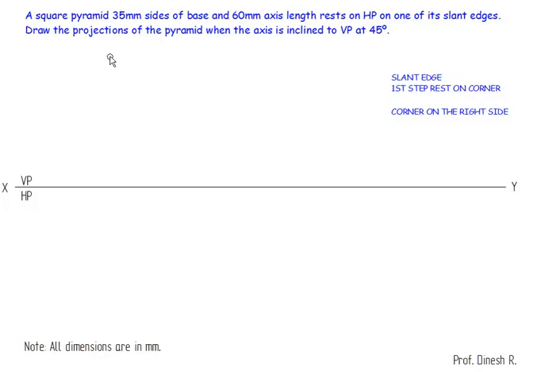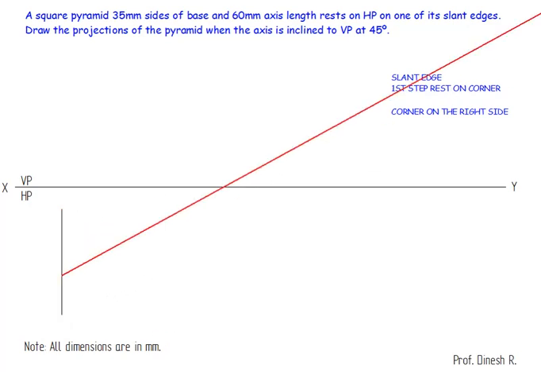So now here we need to draw the square pyramid. When you're drawing, the first thing is to draw one of the reference lines. From these points draw a 45 degrees angle line.